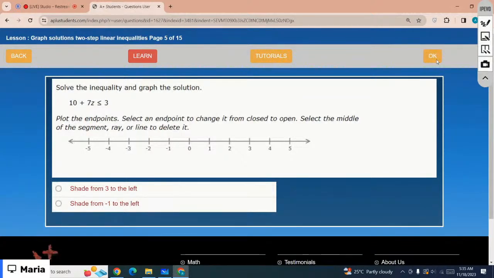Solve the inequality and graph the solution. Which is the correct option? Yes, the correct option is option number 2. Shade from negative 1 to the left is the correct option.